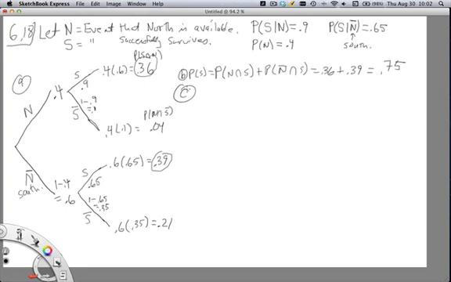Part C, find the probability that the restaurant is built in the south and is successful. So what is the probability that it is built in the south, that's n bar, and is successful? Well, this is really easy. We just go pluck it off the tree, 0.39. Part D, find the probability that the restaurant is in the south given that it is successful.